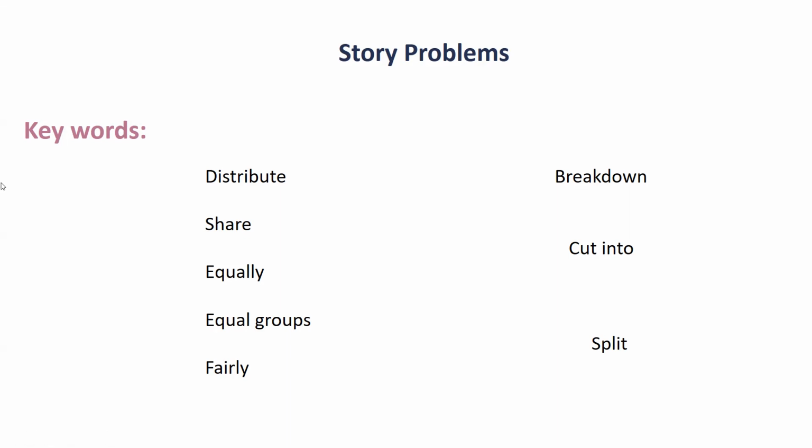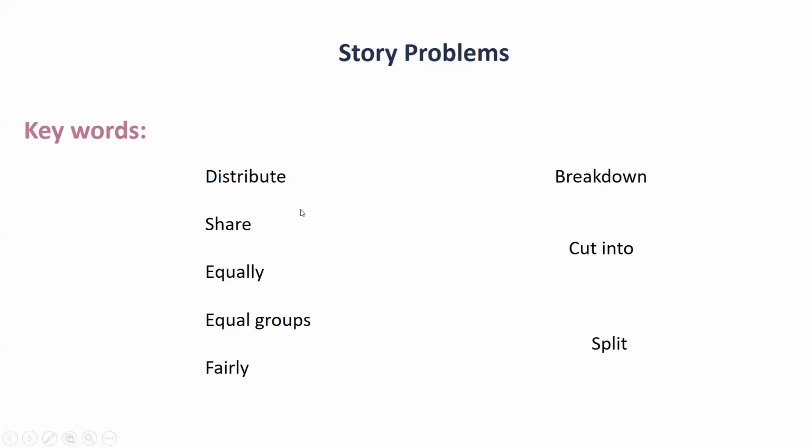Like these words: distribute, share, when he says equally, or put in equal groups, or fairly, or when he says break down, cut into, or split. All these words can help me to understand the story problem or the word problem and understand that this is a division story problem.